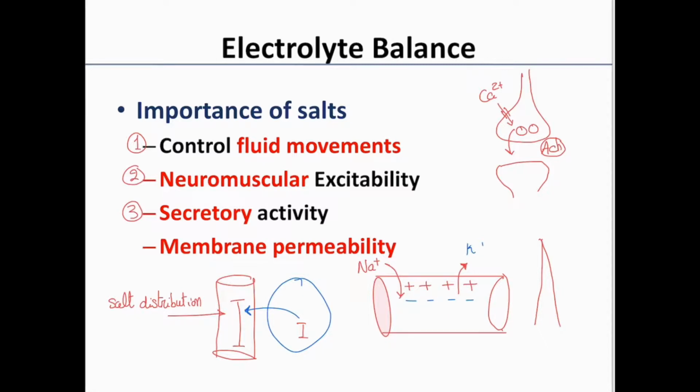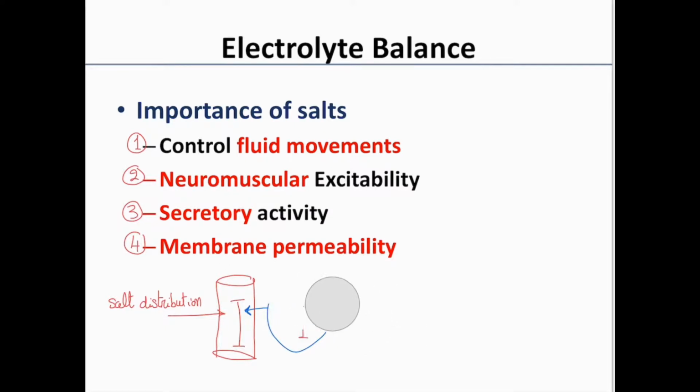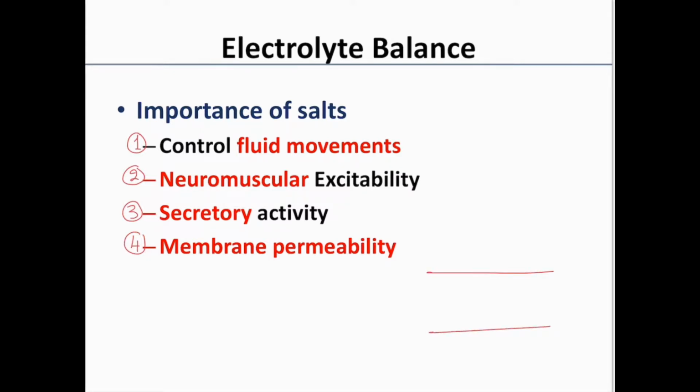Another function for the salts is to change the membrane permeability. Any membrane permeability is going to be determined according to more than one factor. Some of those factors rely mainly on the presence of the different salts.